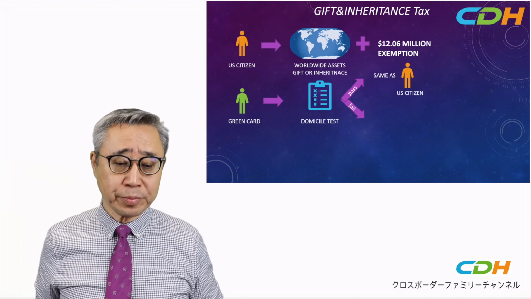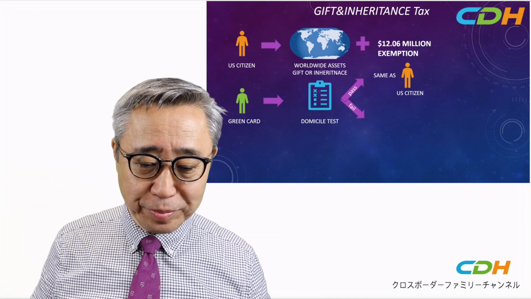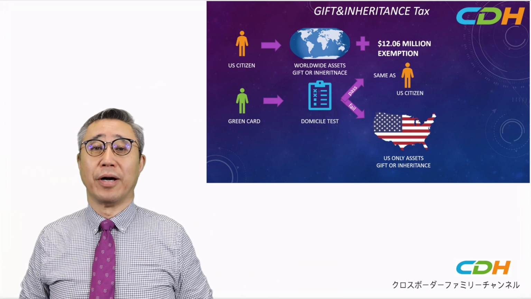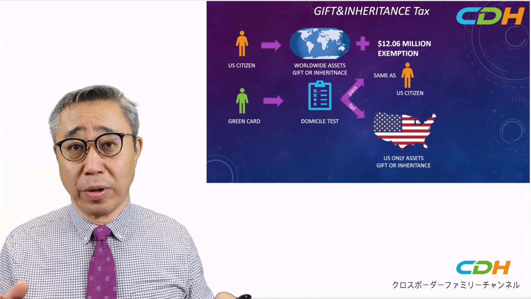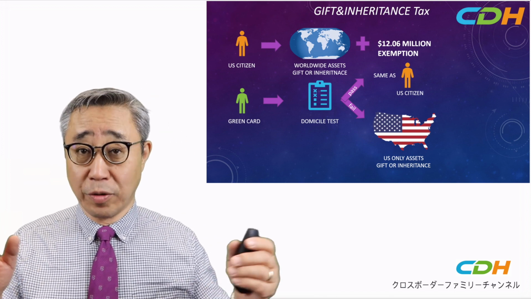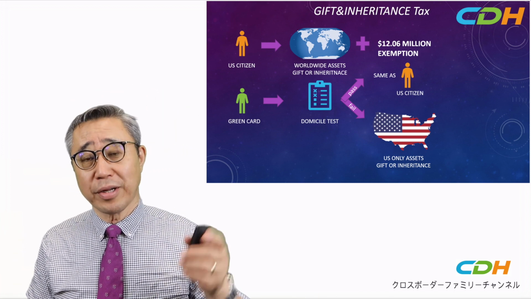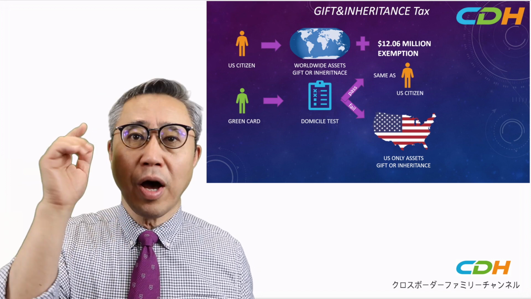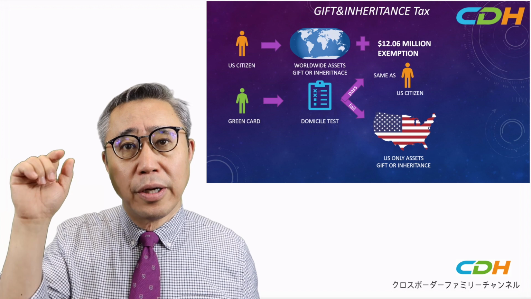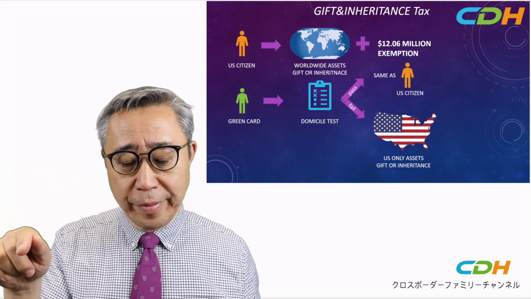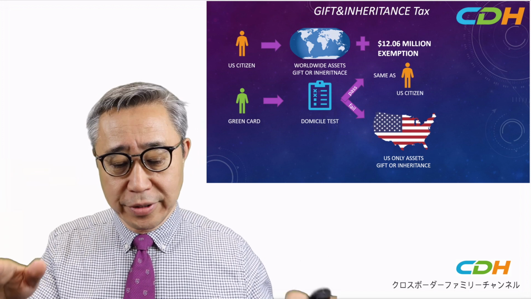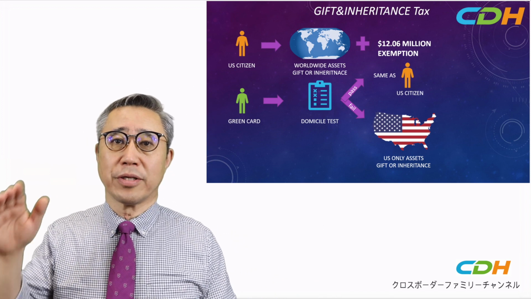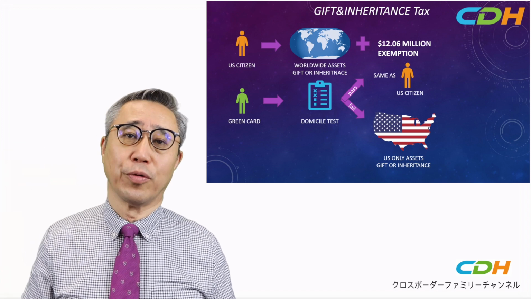But if you fail, I am super simplifying the concept here. But US government, if you're not domiciled in the United States, US government only covers your assets in the US. A clear example is a real estate in the US.